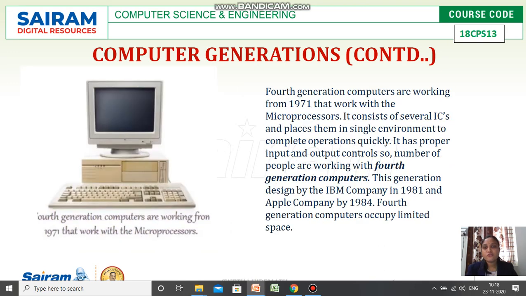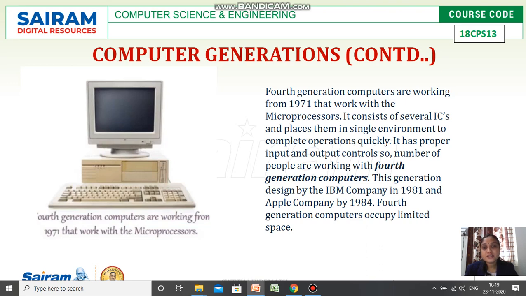Next, moving to the fourth generation computers. These were working with microprocessors, from 1971 onwards. A microprocessor consists of several ICs placed in a single environment to complete the operations quickly.